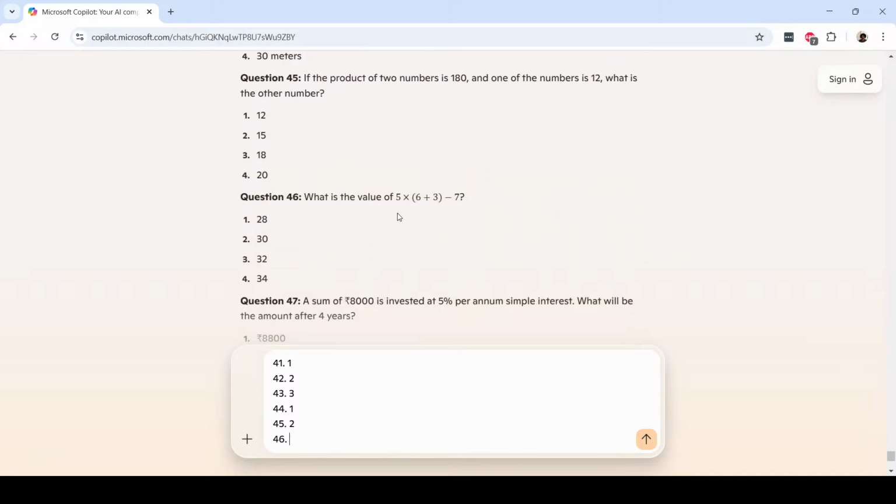What is the value of this? So 9 and 45 minus 7, 38. Wait, 9, 45, yeah, 38 should be the answer.